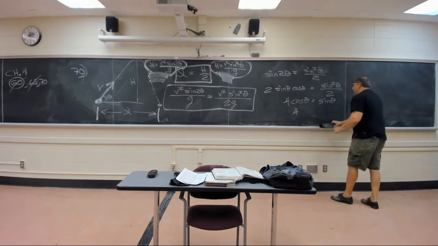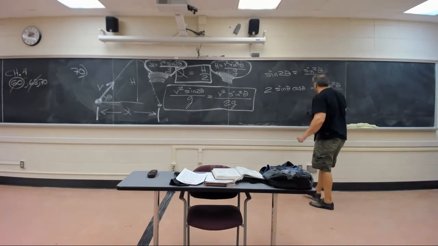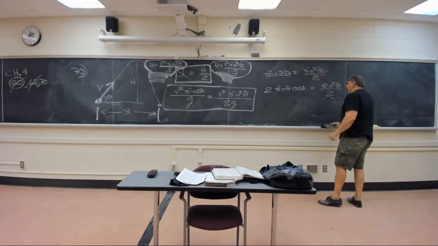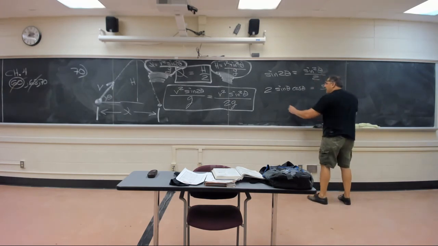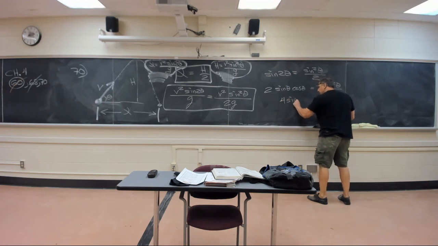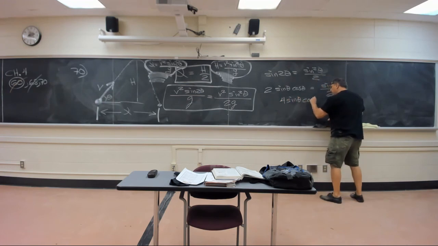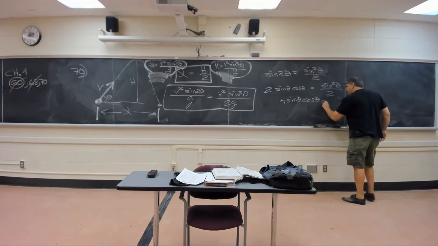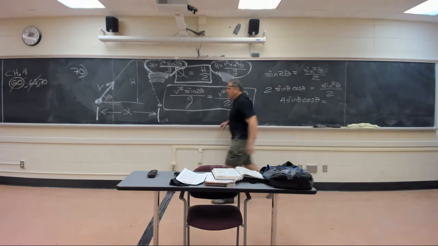Okay, let me back up. I think everybody understood what I just did, but just in case. If you multiply by 2 on each side, you got this. Let me get another piece of chalk.